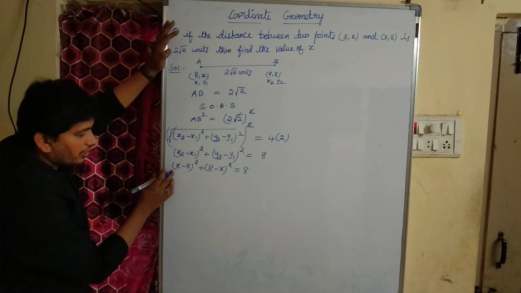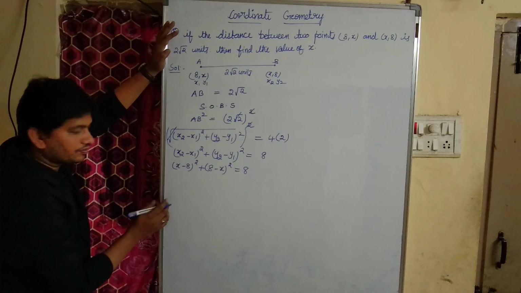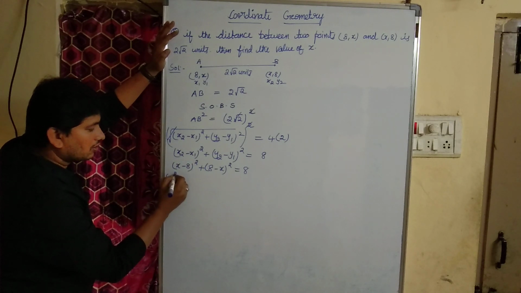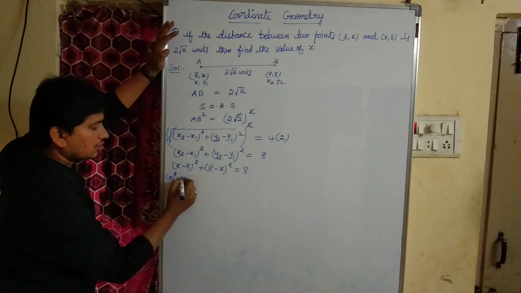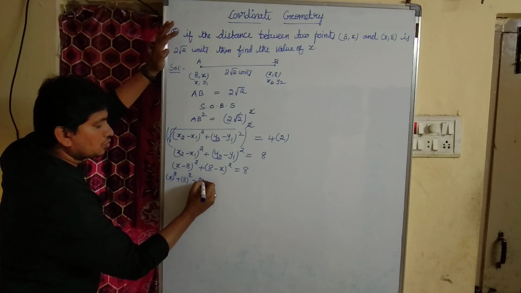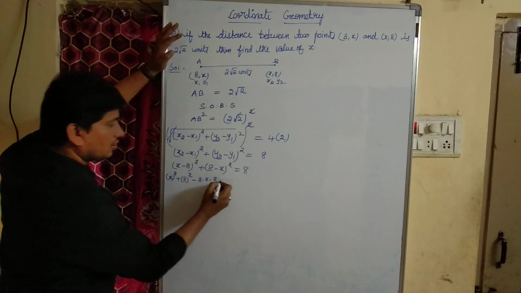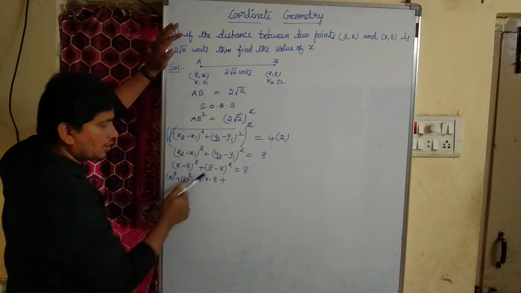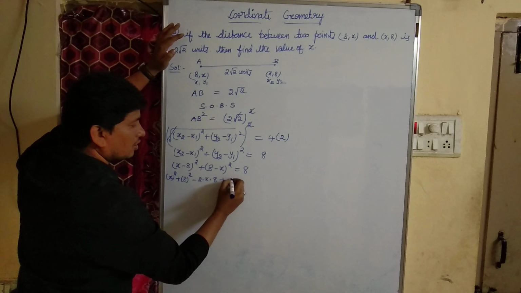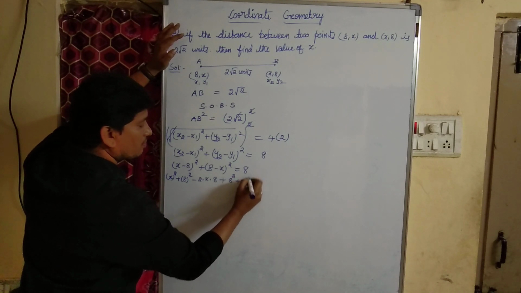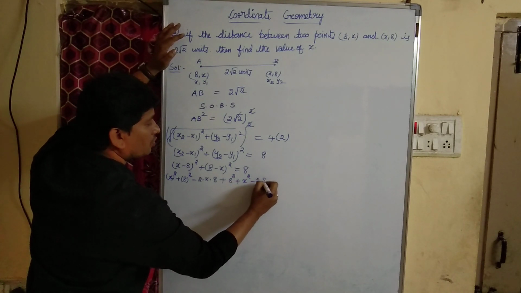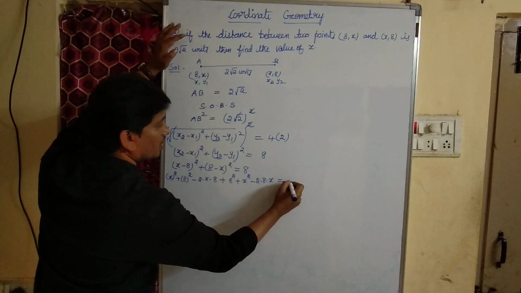Now, this is in the form of (a minus b) whole square, that is a square plus b square minus 2 into a into b. Plus (a minus b) whole square, a square plus b square minus 2ab, equal to 8.